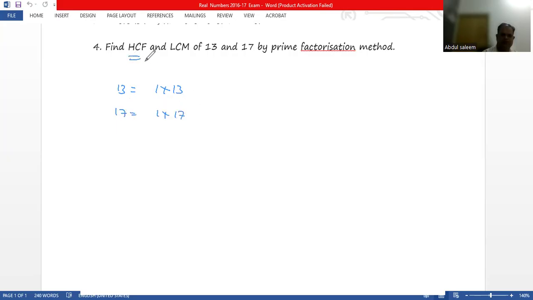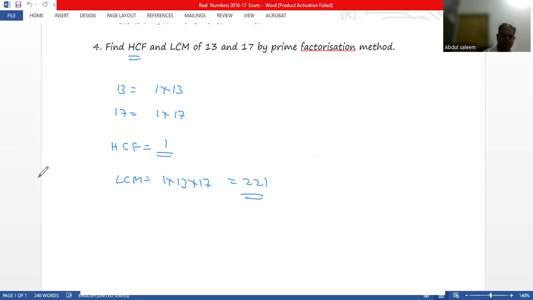HCF is the common factor, which is 1. LCM, if they are prime numbers, is the product of the numbers: 1 into 13 into 17, so 13 into 17 is 221. The answer for the fourth one.